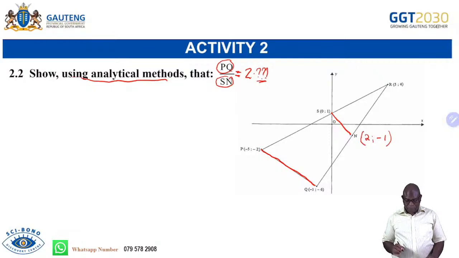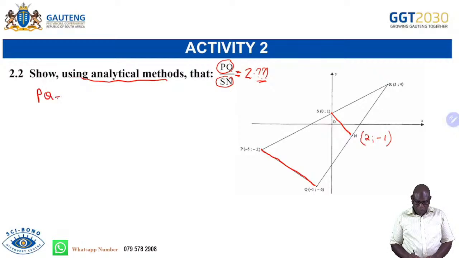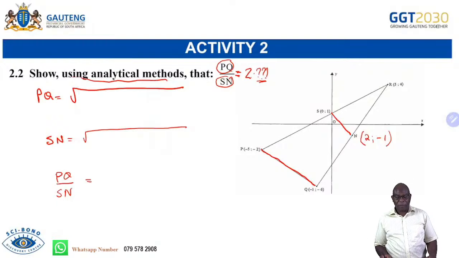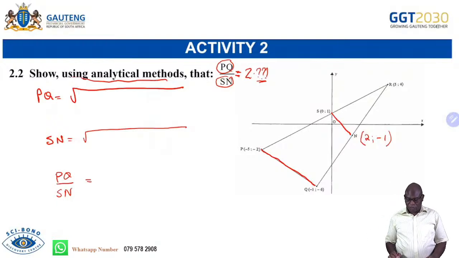So which means I need to get the length of PQ. I need to get the length of SN. And then from there, I must check if PQ over SN, what answer will that give me? So first of all, I need the length of PQ.